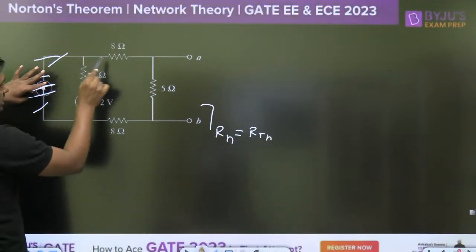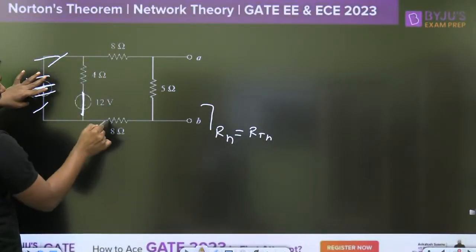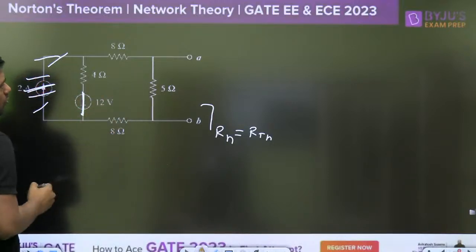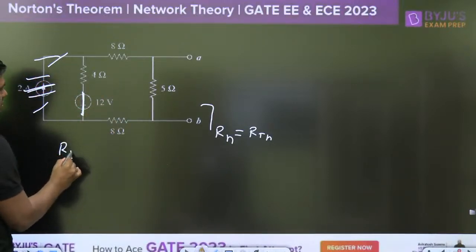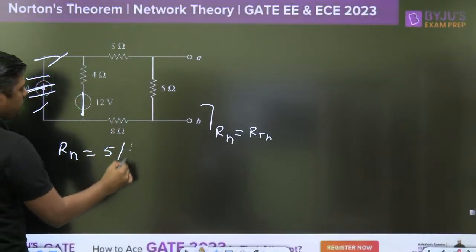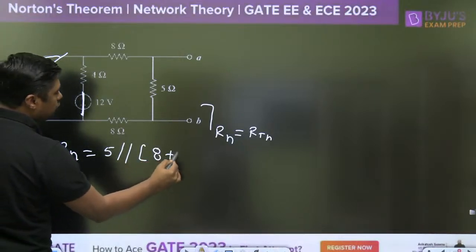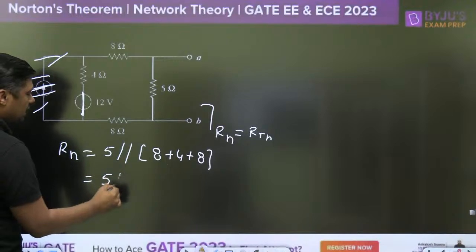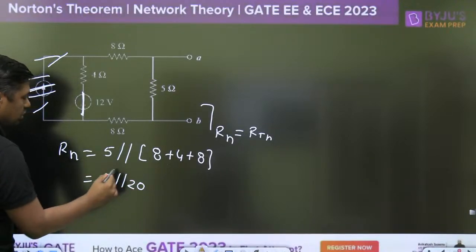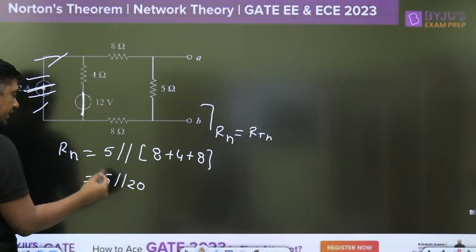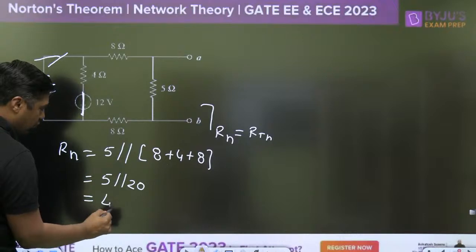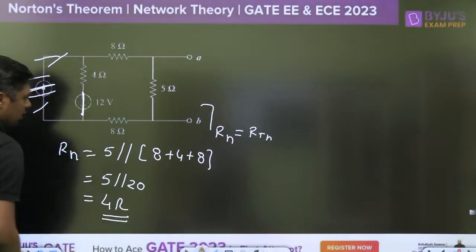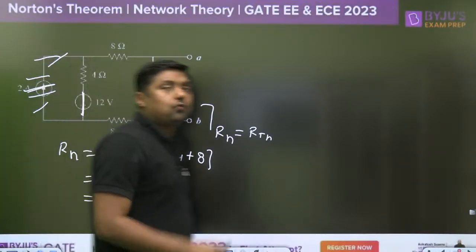Now these are in series and 5 ohm in parallel. So RN is equal to 5 parallel with 8 plus 4 plus 8, and the 5 parallel with 20, that is nothing but 100 divided by 25, that is the 4 ohm. So RN is equal to 4 ohm.